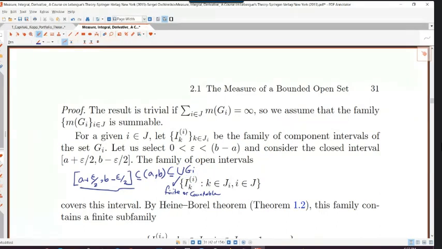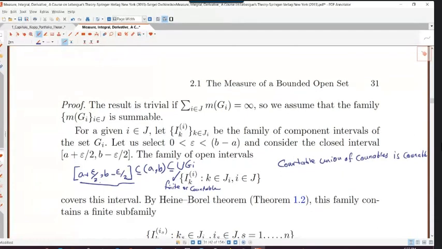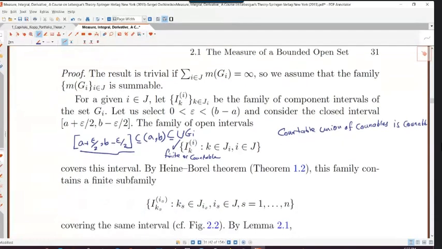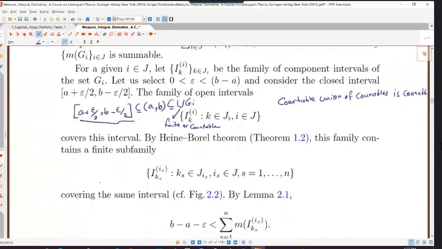The countable union of countables is countable. Okay. Now, this closed interval will be in a countable union of open intervals, and the previous lemma says that, what we want.